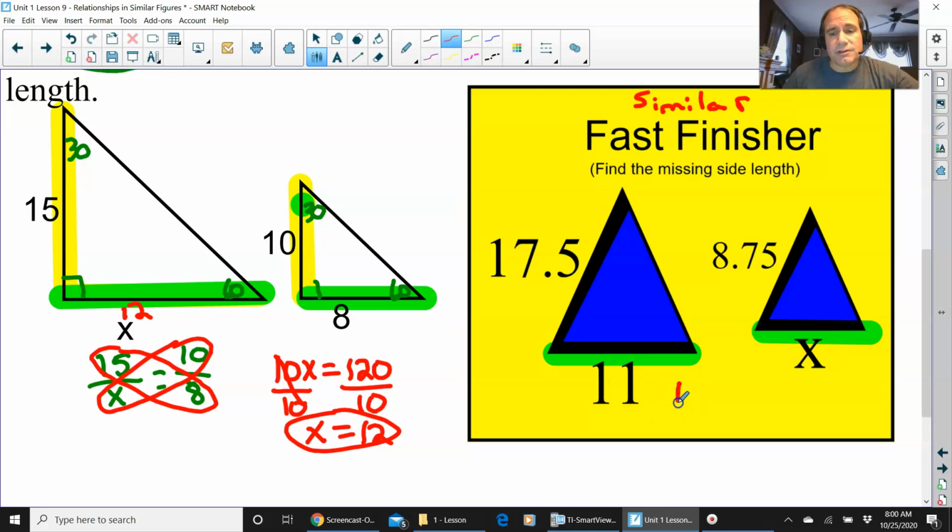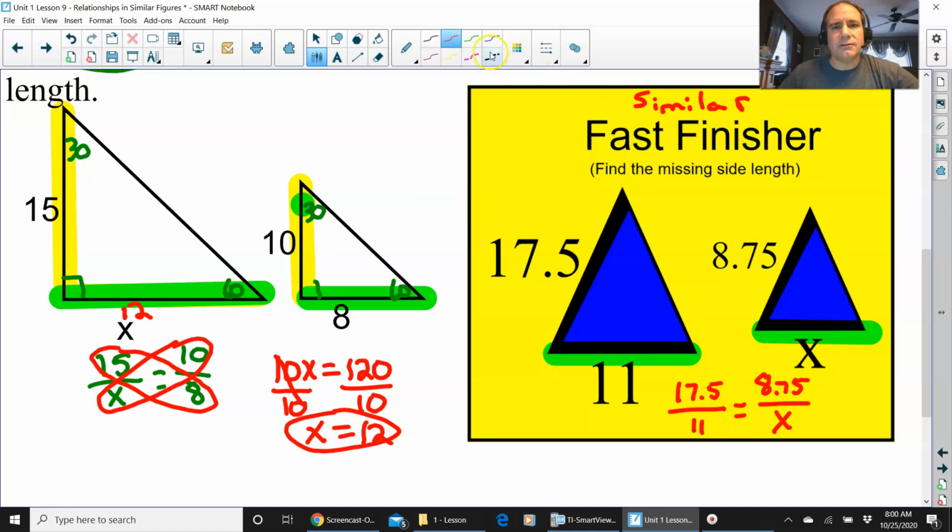And in my proportion, I'm going to use 17.5 over 11. That's the first thing I'm going to put down, 17.5 over 11. I didn't even look at the other triangle yet. So if I matched 17.5 over 11, I'm going to have to use the corresponding side to 17.5, which is 8.75, and the corresponding side to 11, which is x.